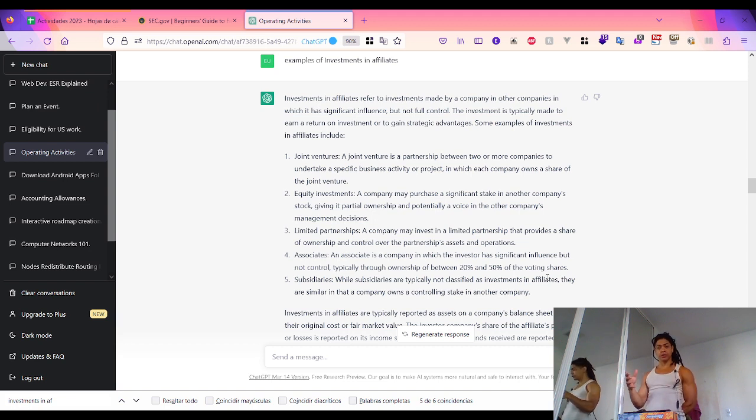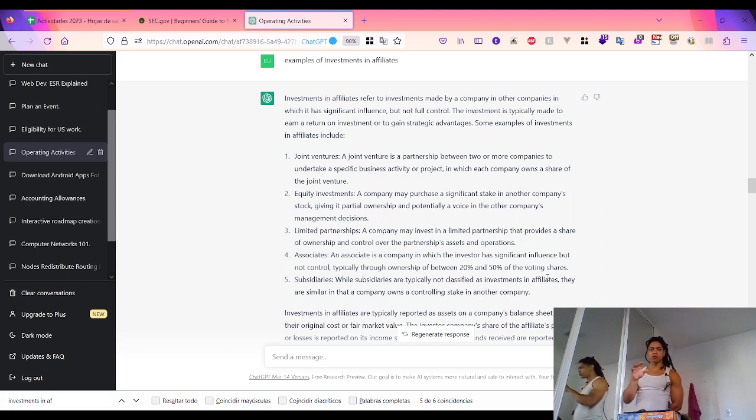It can also impact the consumer. So, in other words, this is what you have here: investment in affiliates is joint ventures, equity investment, limited partnership, and associate.